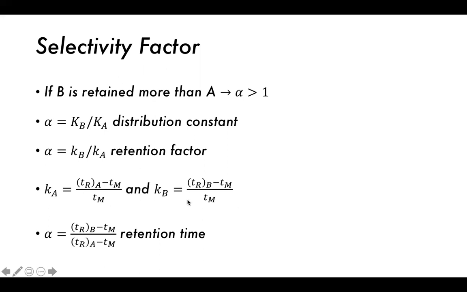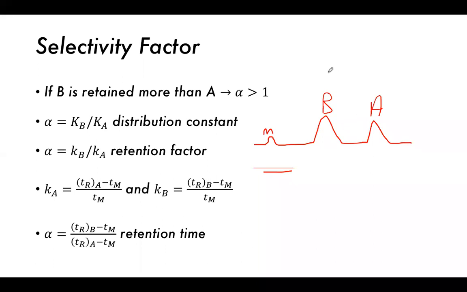And then we do the same thing for kB, because remember, we could have a system where it didn't work out very well. So this is the mobile phase coming out. Then we have A, and then we have B, or it could be B and then A. So this would be M, this could be B, this could be A.